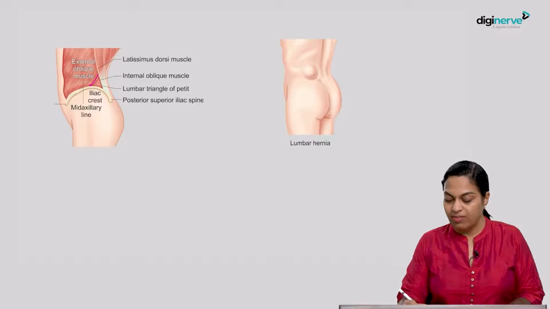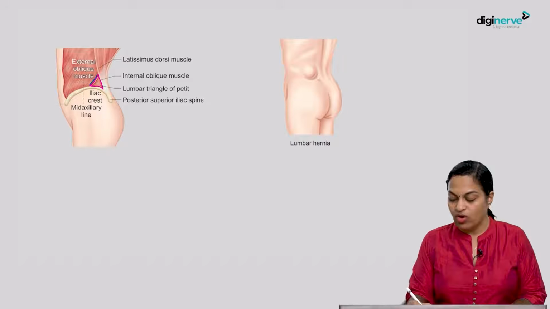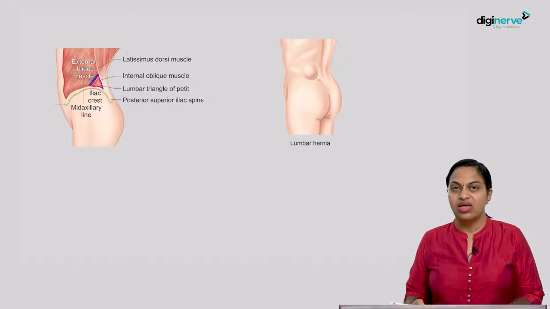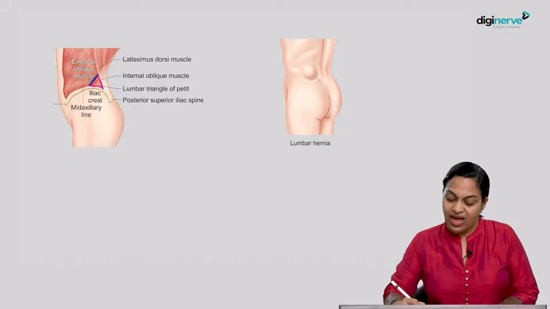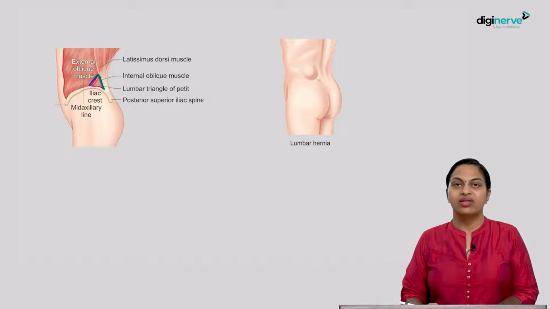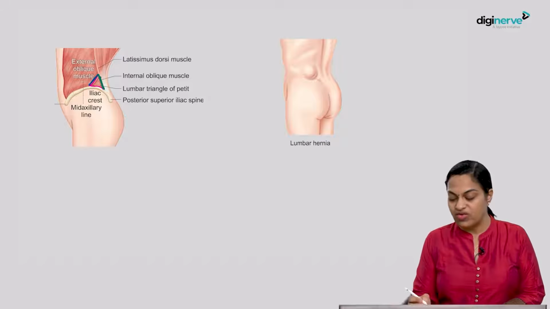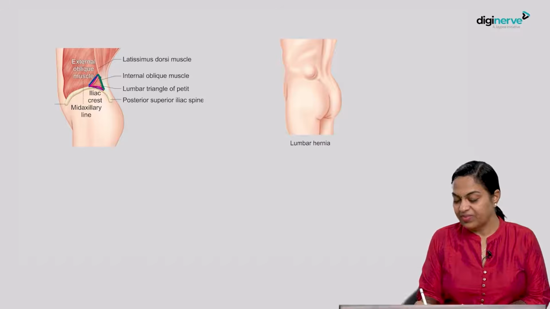So this is a better view, lateral aspect. This is the lumbar triangle of Petit. Anteriorly, what we see here is the posterior border of the external oblique aponeurosis. Posteriorly, what we see here is the anterior border of latissimus dorsi. Below it is the iliac crest.